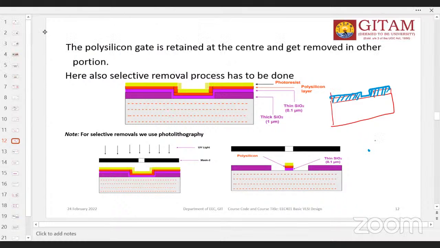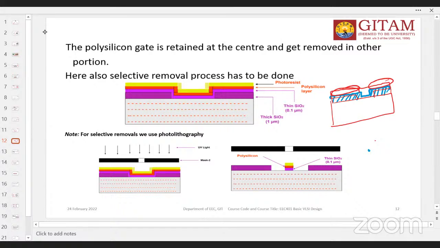On top of it, we are providing the polysilicon, right? So the polysilicon and gate oxide, where are they exactly required? At the middle portion only. Unwanted polysilicon we should remove. This is unwanted polysilicon, and this is also unwanted polysilicon.